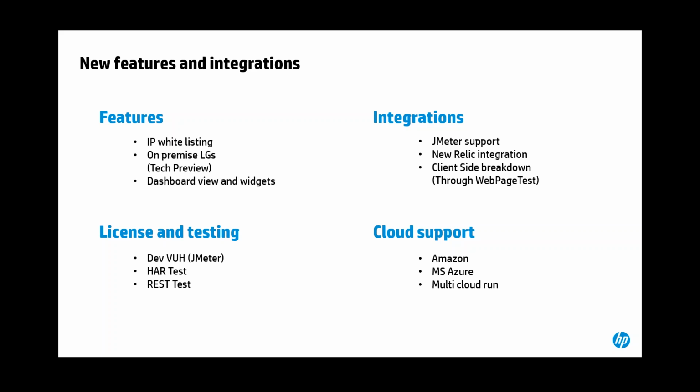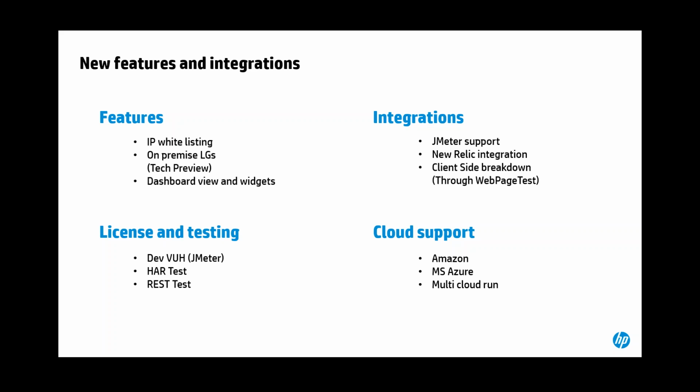Then, as I said, we introduced JMeter. We integrate with New Relic other than Sitescope. To see client-side breakdown while your server is under load, we integrate with open source web page test, and I'm going to demo it. And then, as I said, other than Vusion, True API, TrueClient, we support JMeter.